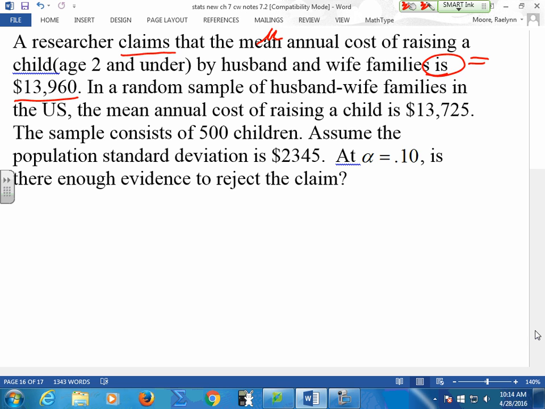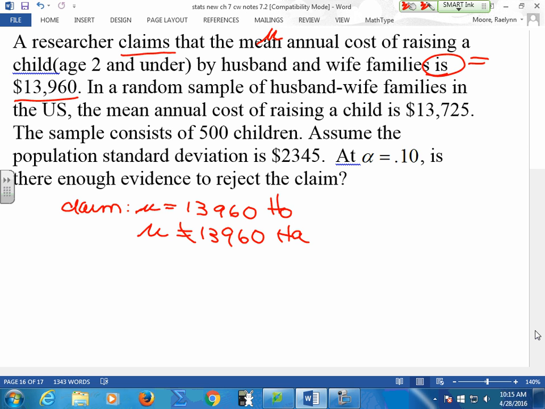So there's your claim. Claim, the mean is $13,960. Is that H0 or HA? H0, because equal sign. So its complement would be not equal.